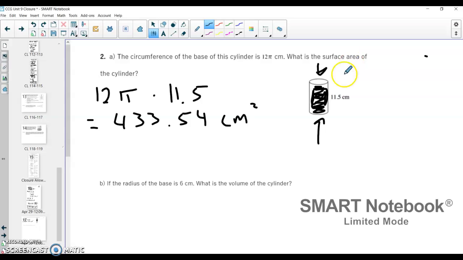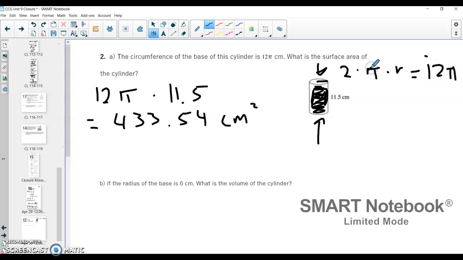Now that's a circle up here. The top, or the lid, is a circle, and it has a circumference of 12 pi centimeters. We know the equation for circumference is 2 times pi times the radius, and that equals 12 pi.